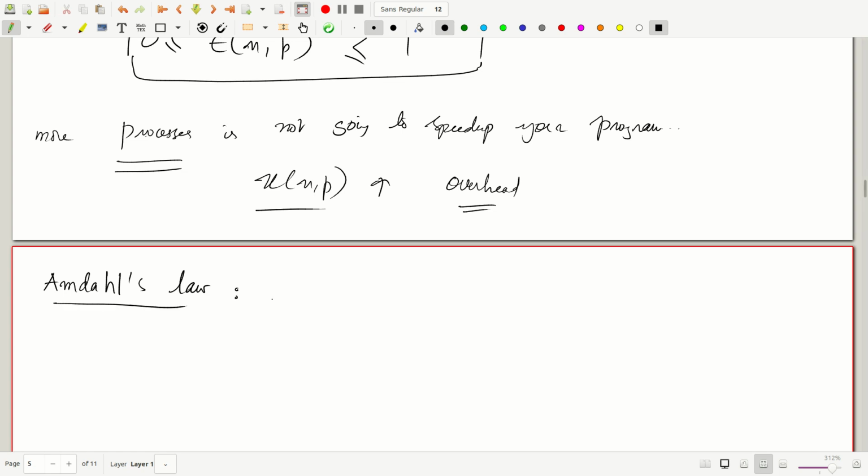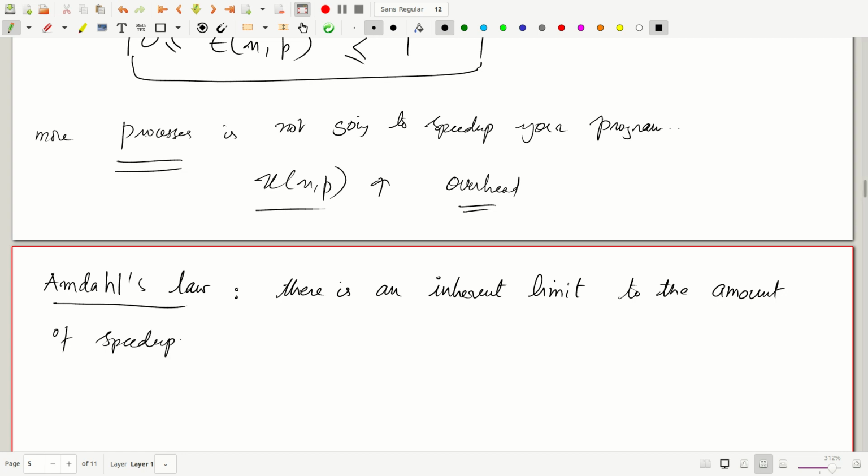Okay, so about the 1960s, 1970s, Amdahl, who worked at IBM, argued that there is an inherent limit or limitation to the amount of speed up that could be obtained by performing computations using more number of processes.